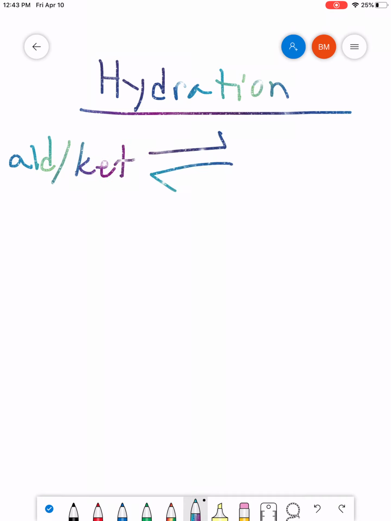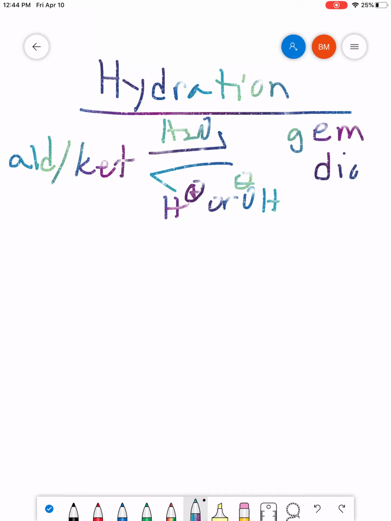These, again, are equilibrium, reversible reactions. You add water, either in the presence of acidic media or basic media. Works the same either way, just goes by different mechanisms. Either way, you get something called a gem diol.